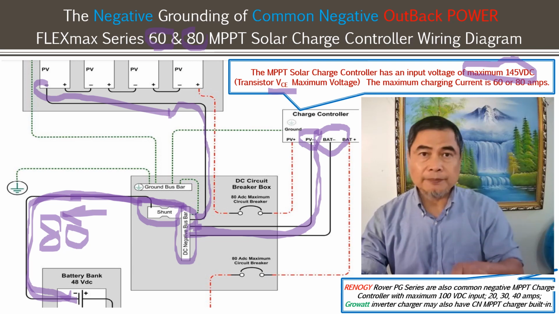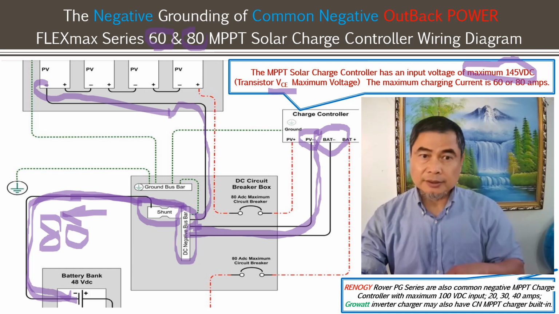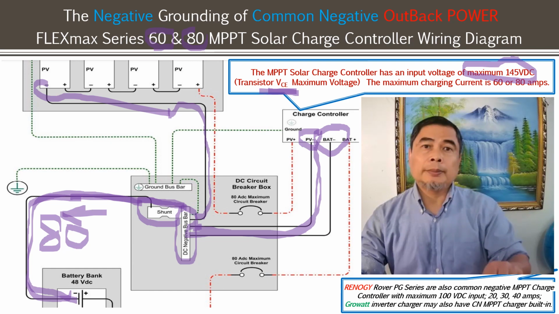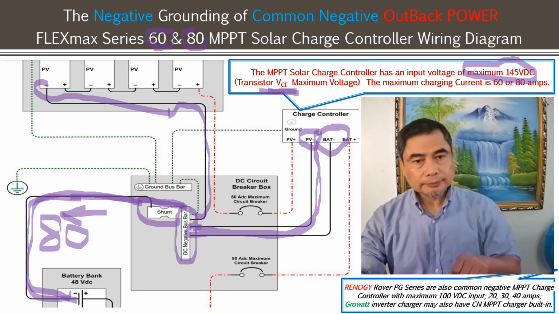Make sure it's the open voltage, not the operating voltage. So make sure that this transistor VCE does not go over voltage. Once that is over voltage, it can cause permanent damage to the MPPT solar charge controller.